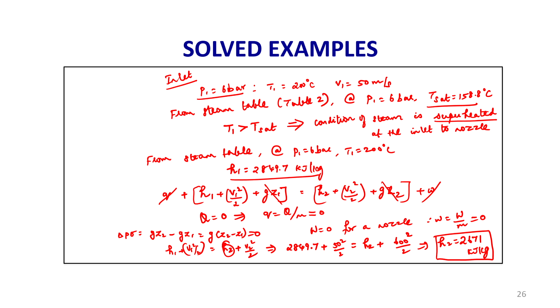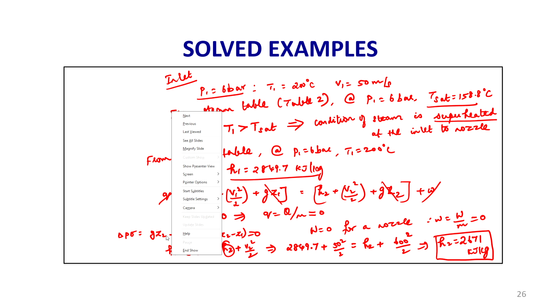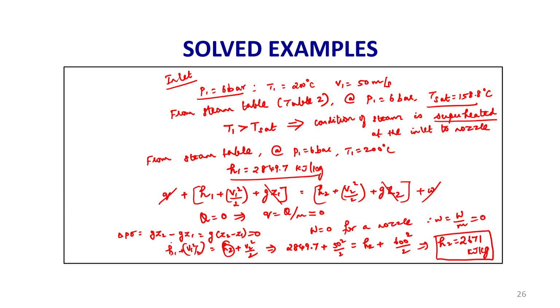In order to have the units balanced on both sides, that is the left hand side as well as the right hand side: the enthalpy is in kilojoule per kg on the left side as well as on the right side, but the velocity term is in meter per second.